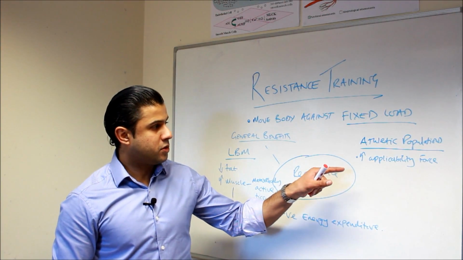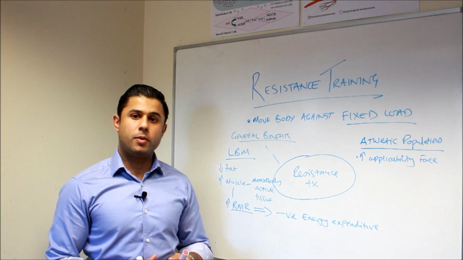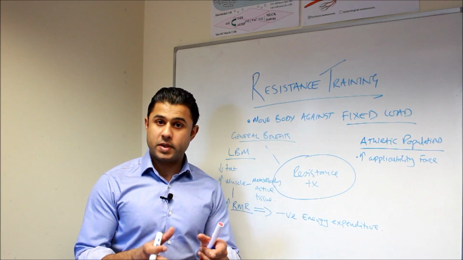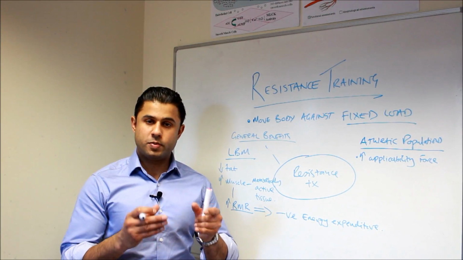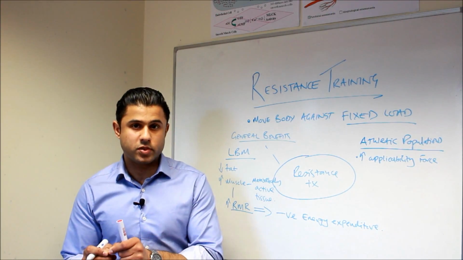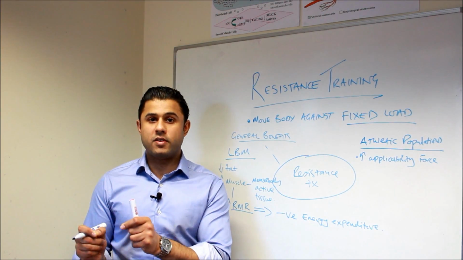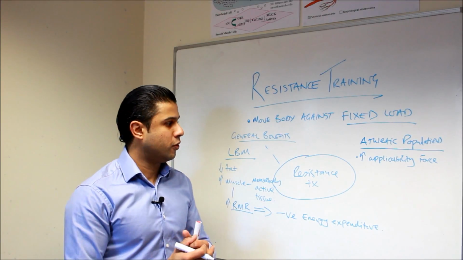But of course the most important aspect for athletic populations is the ability to use strength training specifically for your particular sport. So to do specific exercises, specific types of training which will allow you to translate the functional benefits that you get into improving your performance.